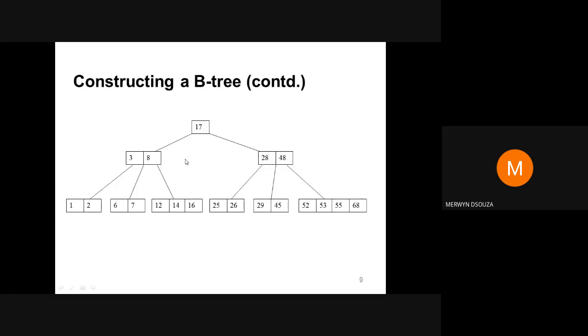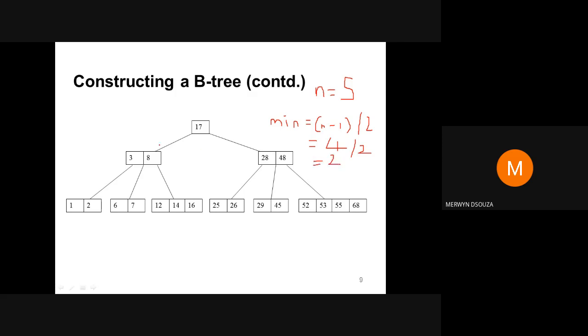For example, let's say the order of this tree is 5. The minimum number of keys that each node should have, using the formula (n minus 1) divided by 2, is 4 divided by 2, which is 2.